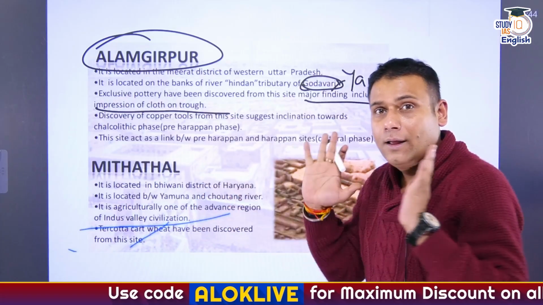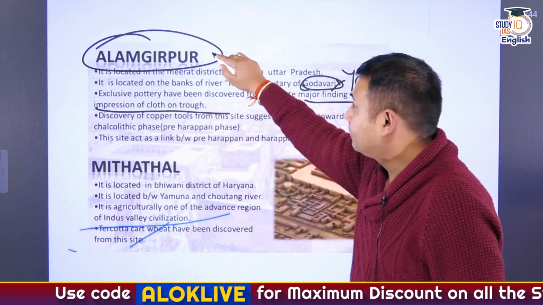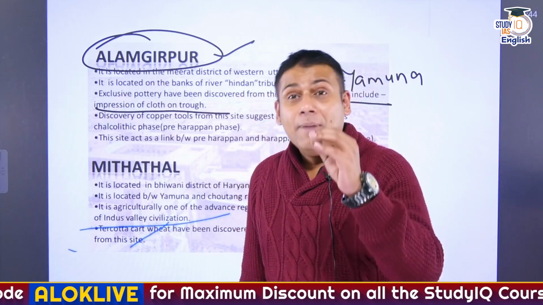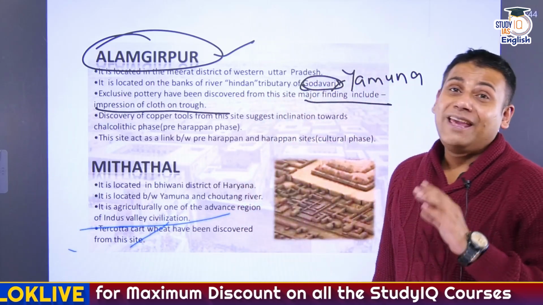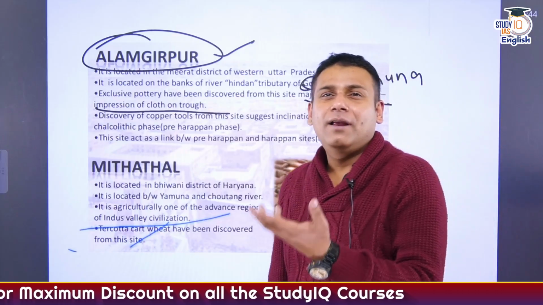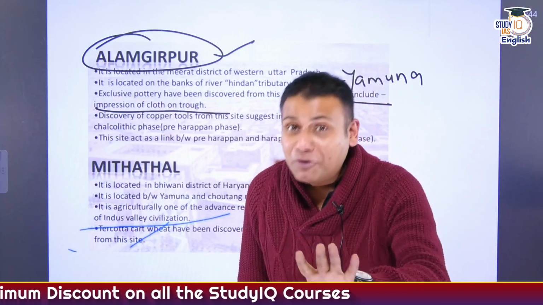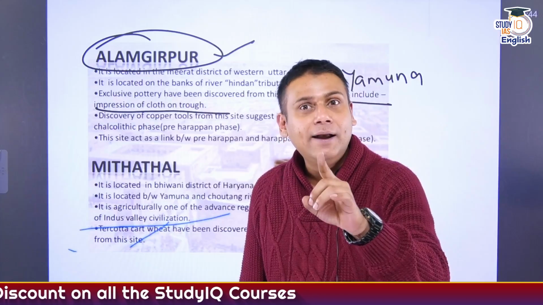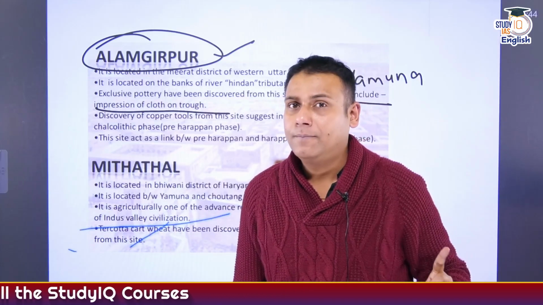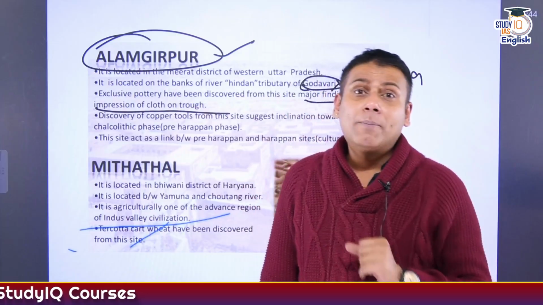Got it? Now, I'll repeat the points again. Alamgirpur, I can understand, guys, memorizing and remembering these key findings is a tedious task. And to an extent, you might feel a burden. But you have to memorize it, guys, because key findings sometimes are asked in the UPSC Prelims examination. Sometimes question can crop up in this manner.